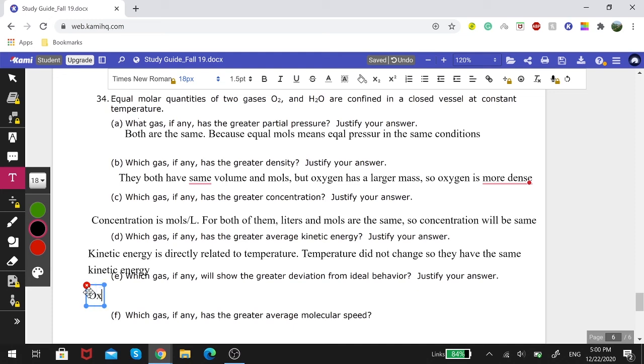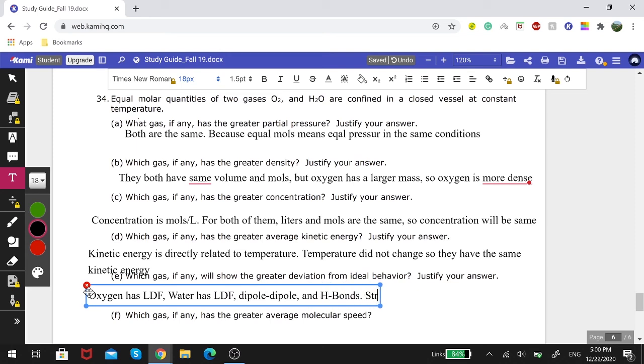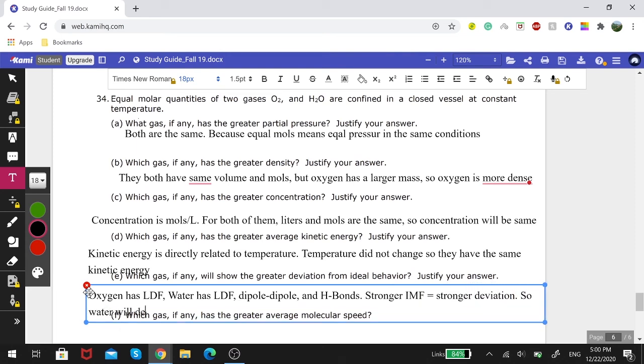Oxygen has LDF, while water has LDF, dipole, and H bonds. Stronger IMF equals stronger deviation. So water will deviate more from ideal behavior due to its H bond.